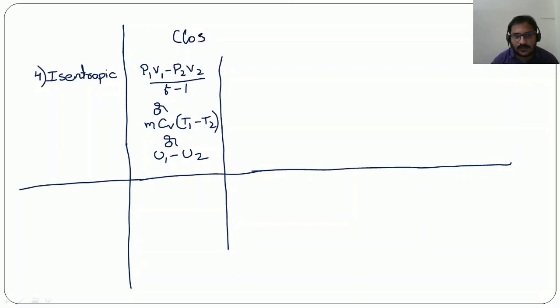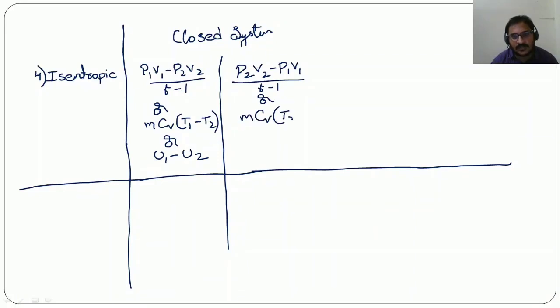These are for closed system, same table. This will be (P2 V2 minus P1 V1) by (gamma minus 1) or mCv(T2 minus T1) or U2 minus U1.